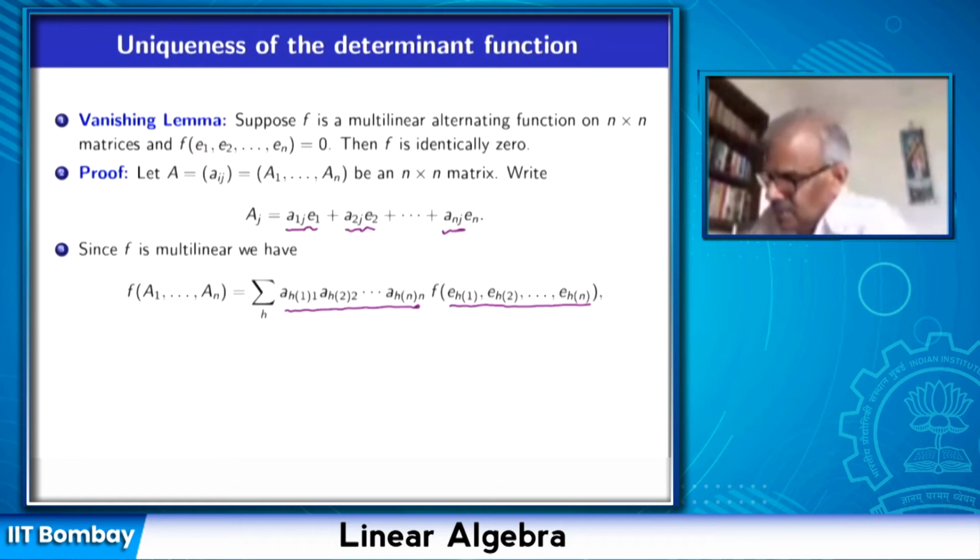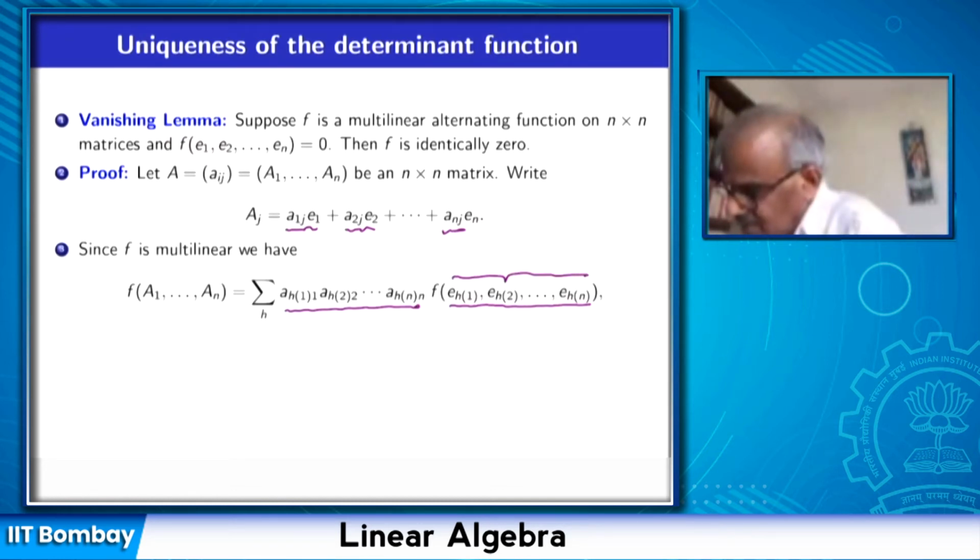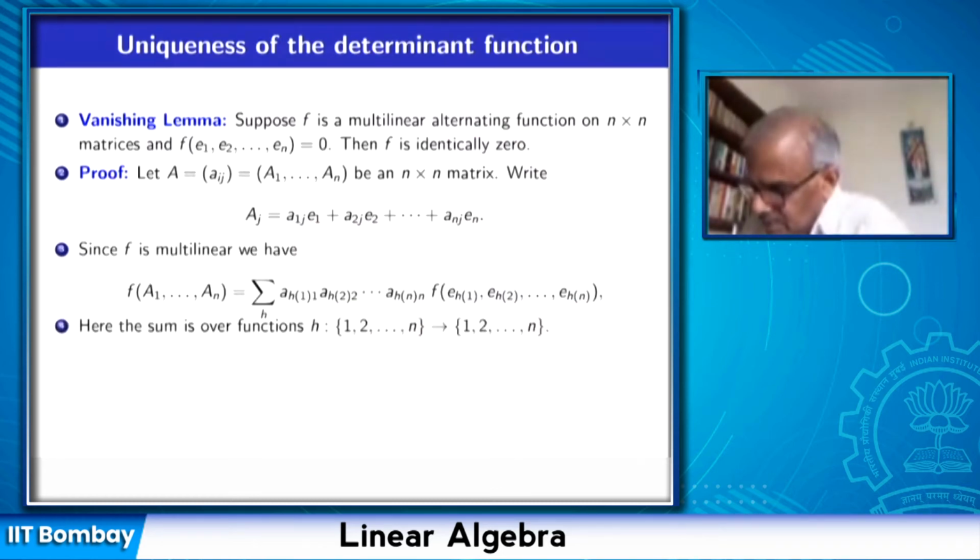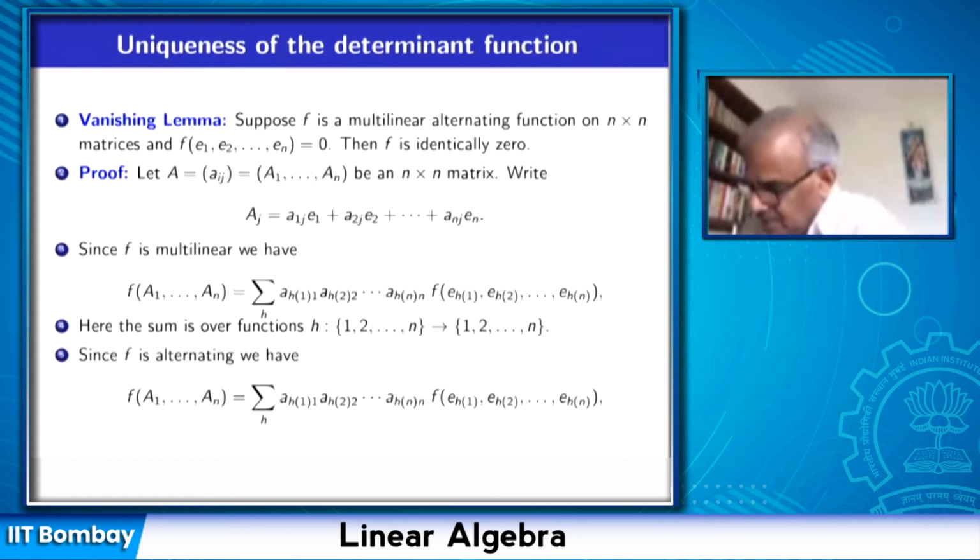But by the alternating property, whenever any of these column vectors are identical, f will be equal to 0 because it's an alternating function. Therefore, we can just focus on the terms which are bijections.